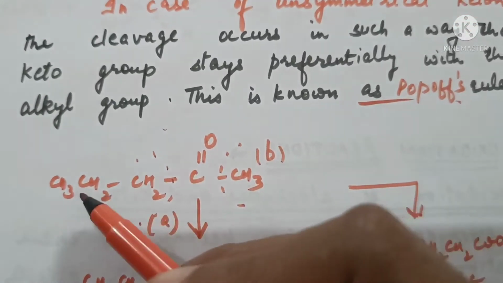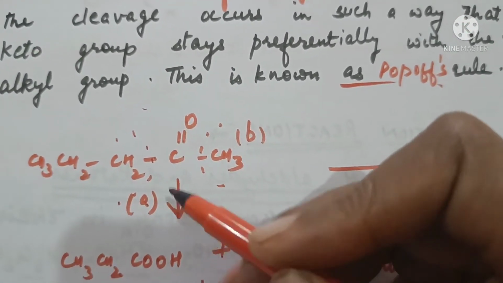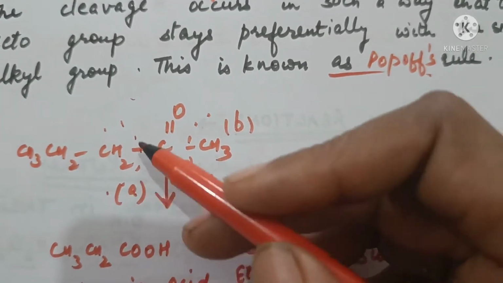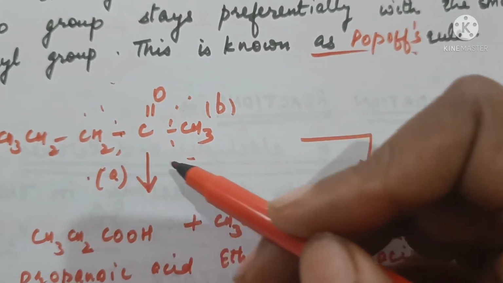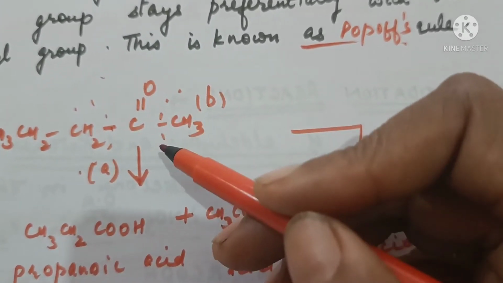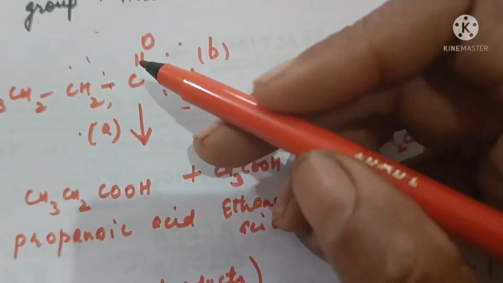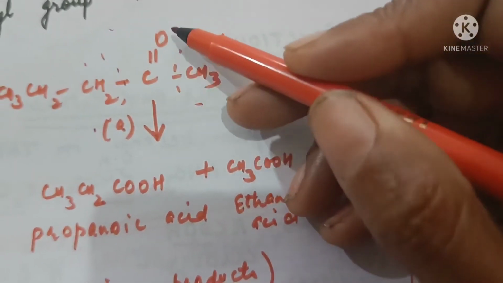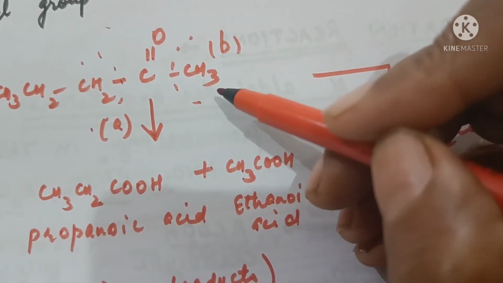But in case of unsymmetrical ketones, the bond can break in two ways. One is the bond broken from this end, and the other is from this end. This will form the major products because the keto group, according to Popov's rule, will prefer to stay with the smaller alkyl group.